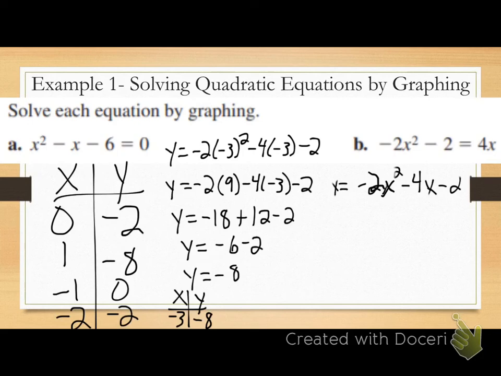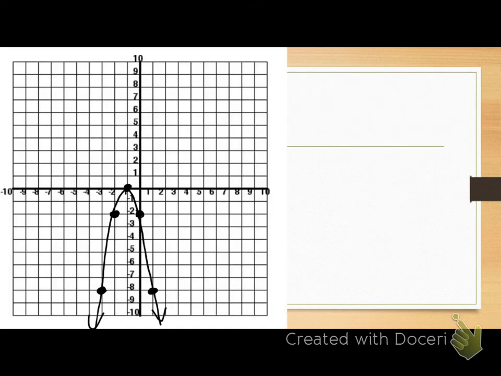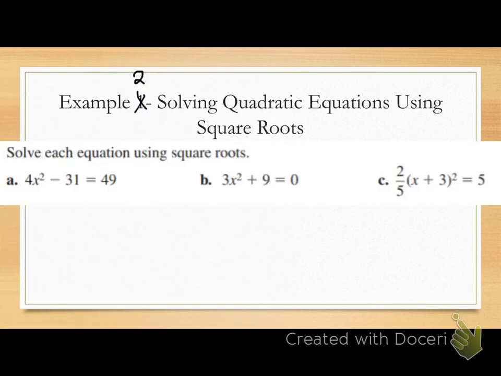So my answer here would just be x equals negative 1. Everyone okay with that? Questions on solving by graphing? Can I move on to the next method of solving? There are 3, and we just talked about 1.